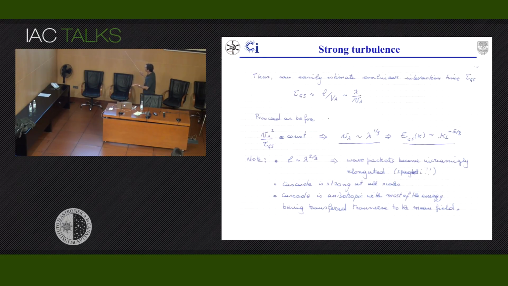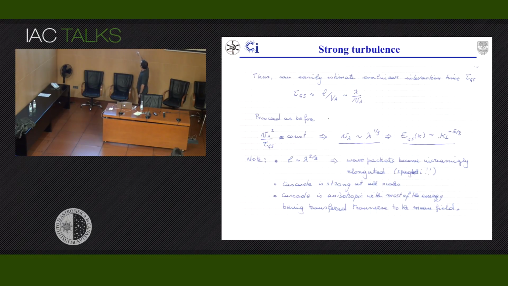At this point, the transfer time for the Goldreich-Sridhar theory is just L over V_A, which is of the same order as lambda over V_lambda. So proceed as before. By the time we finish, we will have done this a million times. What you get is that this is essentially the turnover time transverse, and so V_lambda goes as lambda to the 1/3.